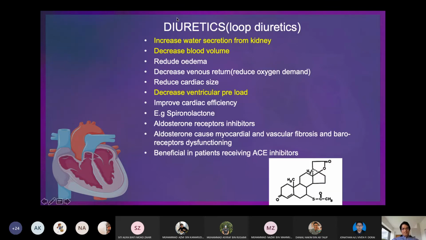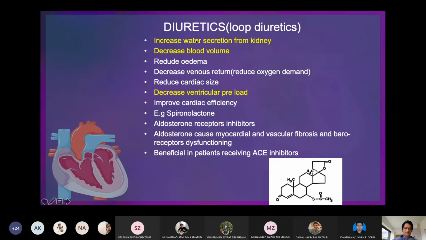So diuretics increase water elimination from the kidney. The main focus is to decrease blood volume, so it is going to decrease the ventricular preload. If you decrease ventricular preload, there will be decreased venous return, and eventually you are reducing cardiac workload.